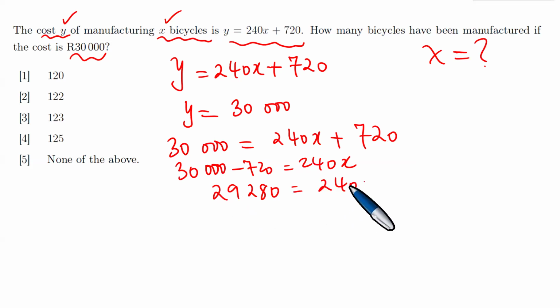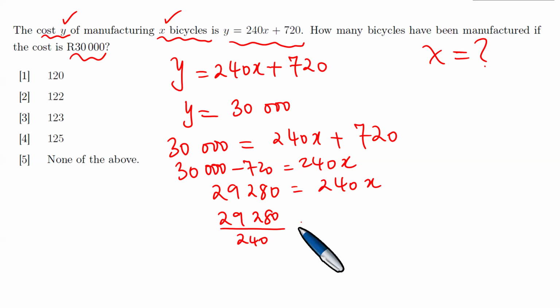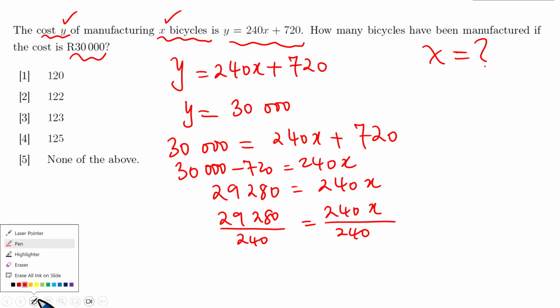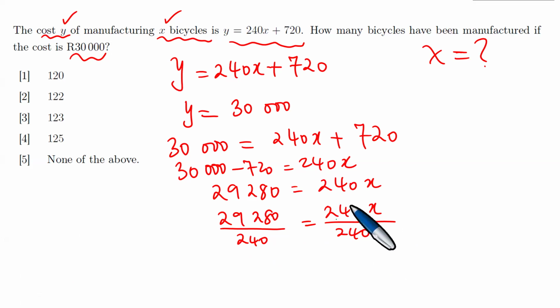Which is 240x. And I want to find x, so we say 29,280, we divide by 240, and this is 240x, we divide by 240, and we simplify everything here, canceling these two so that x equals 122.